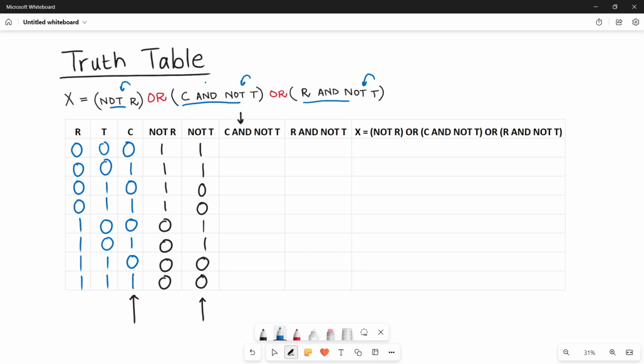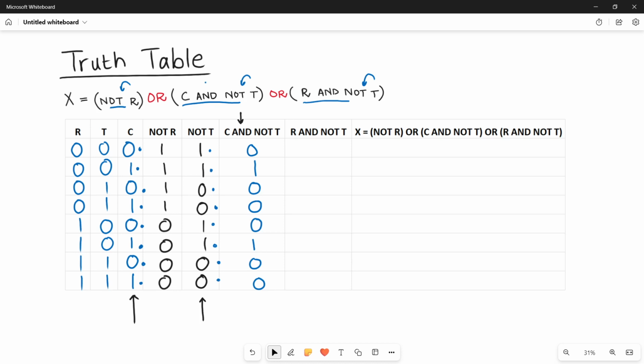AND operation is nothing but the multiplication of these binary bits. 0 into 1 is 0, 1 into 1 is 1, 0 into 0 is 0, 1 into 0 is 0, 0 into 1 is 0, 1 into 1 is 1, 0 into 0 is 0, 1 into 0 is 0. So we are done with C and not T, the binary multiplication.